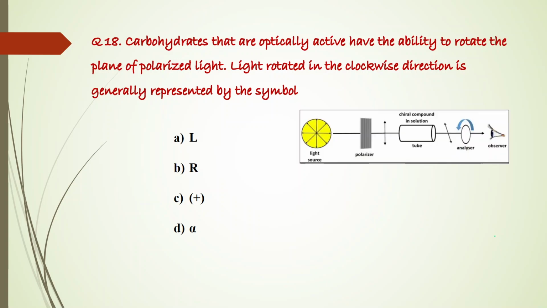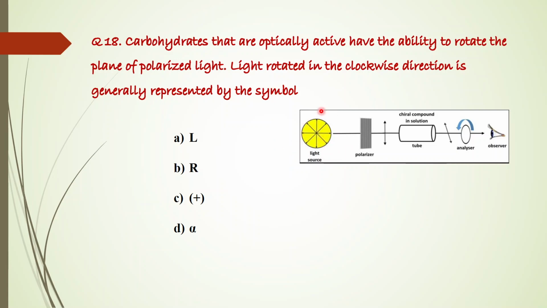Okay, fine. First of all, to answer this question, you need to understand what is meant by plane polarized light. Look at this picture here. Look at this light source.